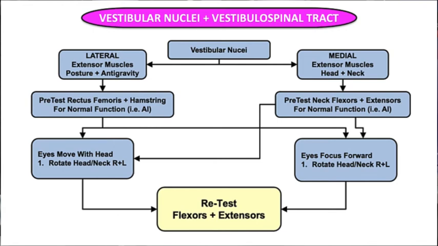Do that 3 or 4 times, and then retest neck flexors and extensors. Again, evaluate for normal function of autogenic inhibition. Then test rectus femoris and hamstrings, testing for normal function with normal autogenic inhibition as well. Write down your findings.